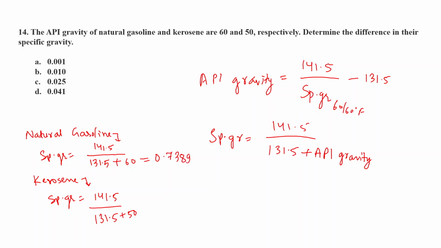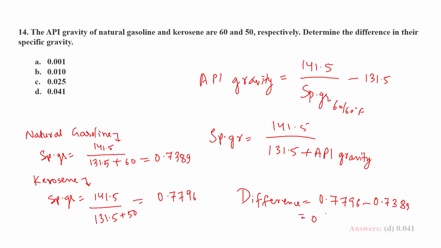Okay. And for kerosene? 0.77. Okay. So we just have to take the difference in both of them. And I guess the answer you are telling is correct. Let me see. Answer D is correct, which is 0.041.